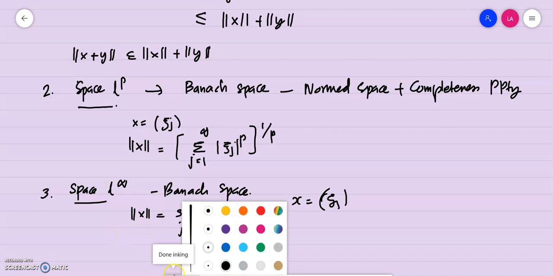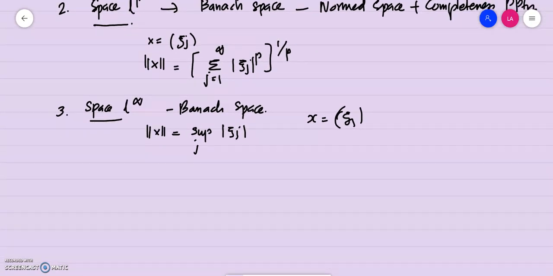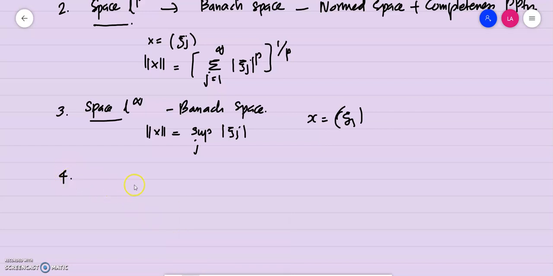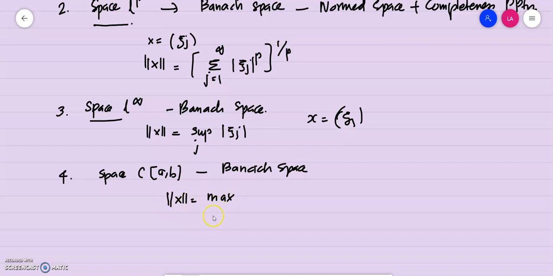So next is example number 4, which is also what we have discussed, the space C[a,b], the set of all continuous functions on the closed interval [a,b], which is also a Banach space. Here the norm x is equal to the maximum over t of modulus of x of t.